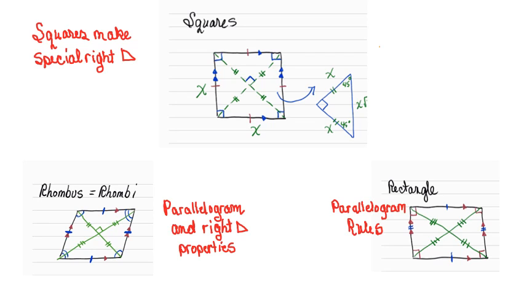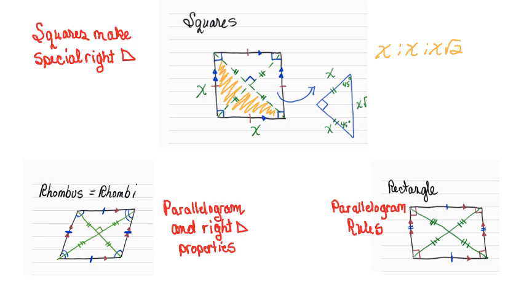So they have that ratio of x times the square root of 2. You can take one of them out and deal with it, or you can take a look and notice that you have a rather larger right triangle that has a lot of the same properties going on inside here too.